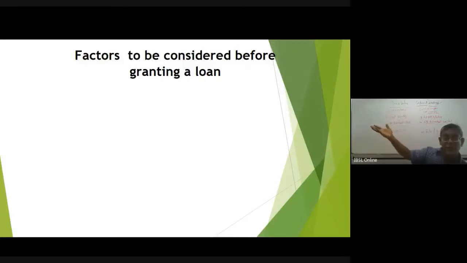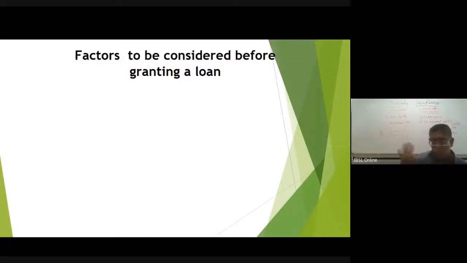Why? He's going to die sometime. Suppose a young guy working for an organization, his salary is good, no children, newly married: based on certain factors, you assign some marks. You calculate all the marks, and based on that you make a decision.